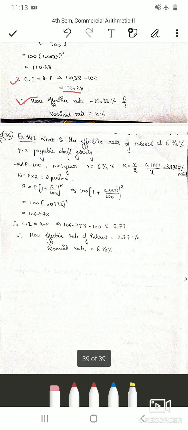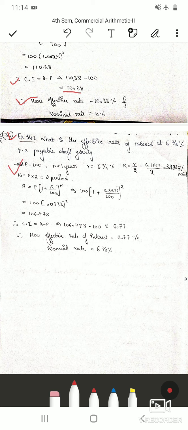So the 34th problem is, what is the effective rate of interest at 6 and 2 by 3% per annum payable half yearly? So the same procedure again, P we will assume as 100, n as 1. You can assume P as 1000, anything, you will get the same answer. And n as 1 year, rate is 6 and 2 by 3. So convert it, it will be 18 plus 2, which is 20 by 3 or 6.666 and so on.